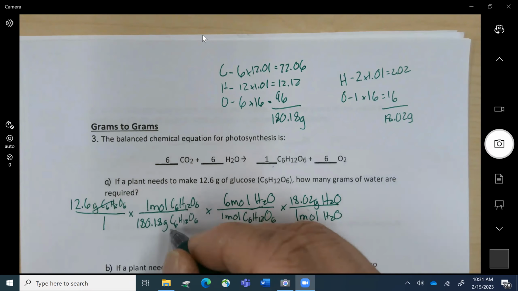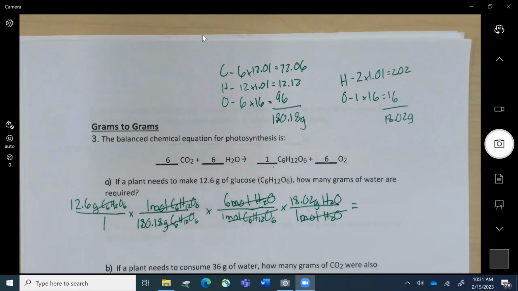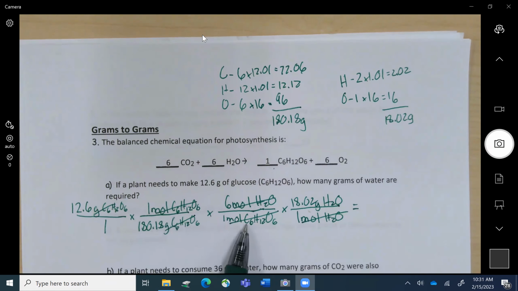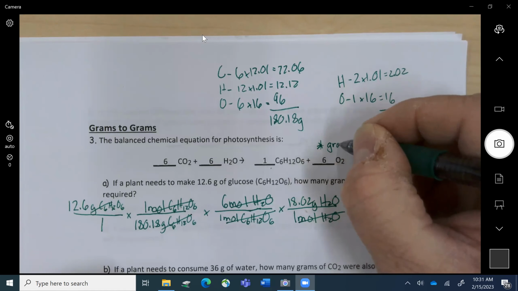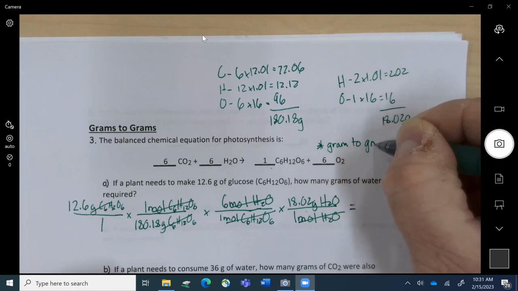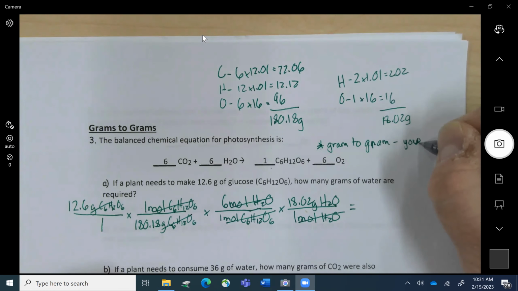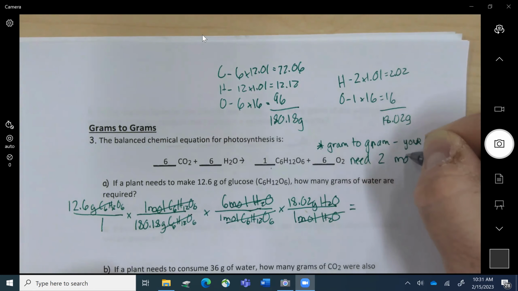Now to cancel, you cancel, cancel, cancel. Because if it's on top, it's got to be on the bottom to cancel. So when doing a gram to gram calculation, you will need 2 molar masses.